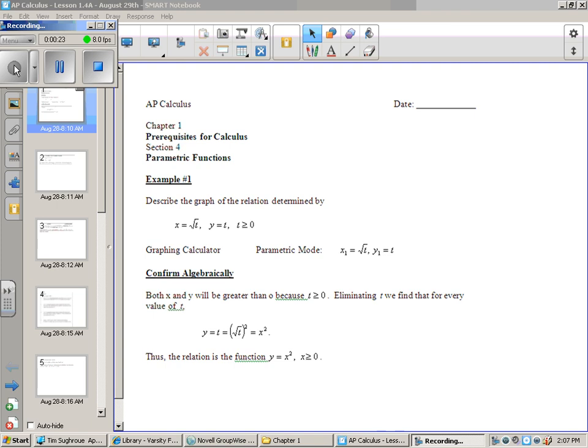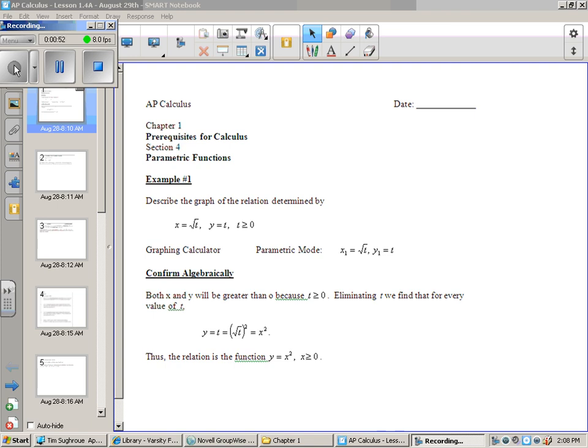So instead of having something like y equals x squared, where the value of y is dependent upon whatever you put in for x, now x and y can both change according to time. And this is really nice to be able to have because there are many real world situations that change over time, and we want to be able to graph both the x and the y coordinate with respect to a time element.